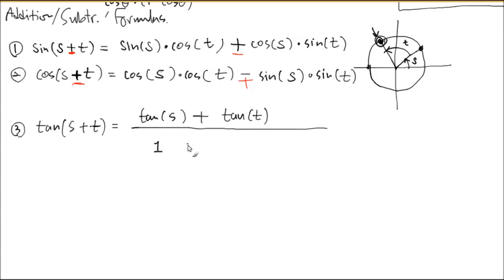And what is the sign here? The sign in between the cosine is negative, right? Because that's how the cosine works. So the denominator has this negative thing. And there's a sine, they become just tangent. Tangent S times tangent T. This is known as the addition formula of tangent.